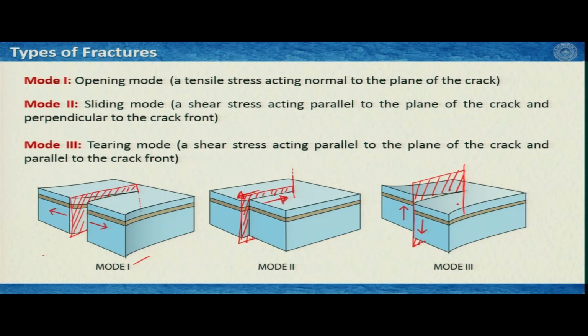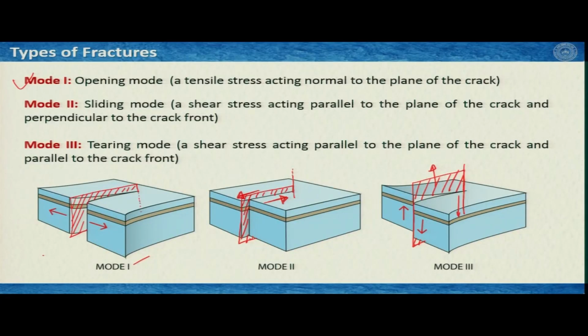This is the crack front, and it is acting also parallel to the crack front, unlike the sliding or shearing mode. So, mode 1 fracture is opening mode, you open the fracture. Mode 2 is sliding or shearing mode, and mode 3 is tearing mode.